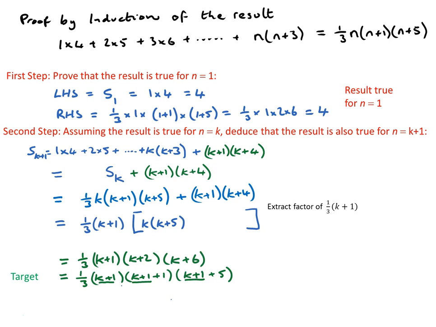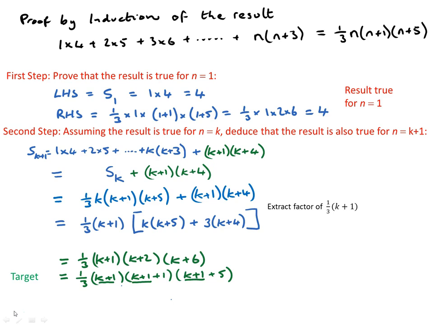So to get (k plus 1) times (k plus 4), we're going to need, inside the brackets, 3 lots of (k plus 4). Now, k times (k plus 5) plus 3 lots of (k plus 4) expands out to give me k squared plus 5k plus 3k plus 12.